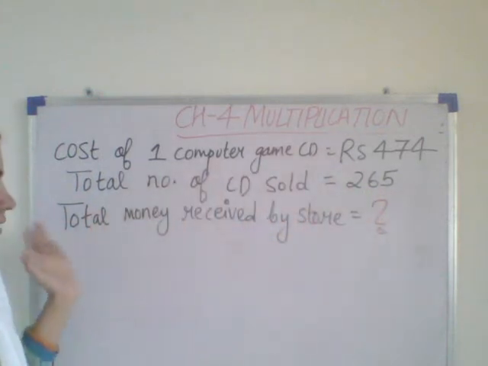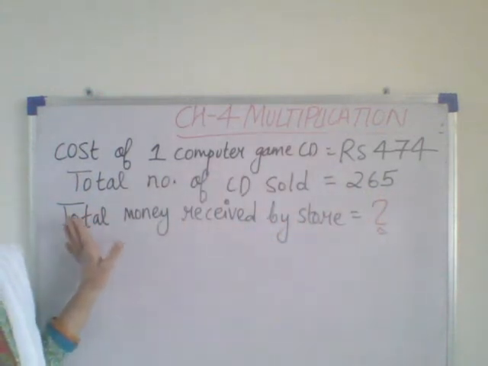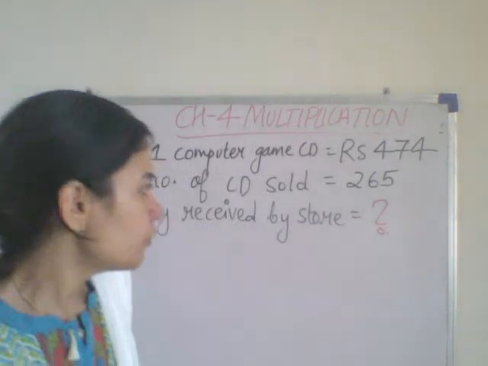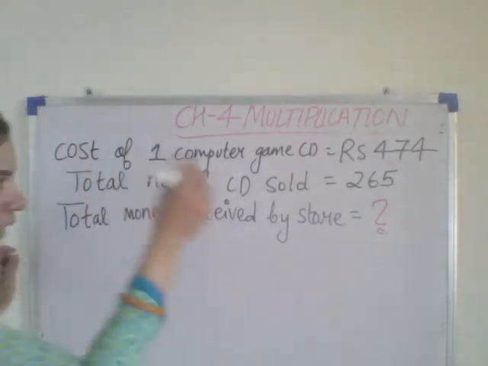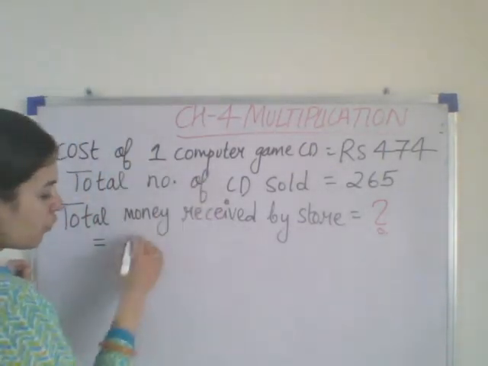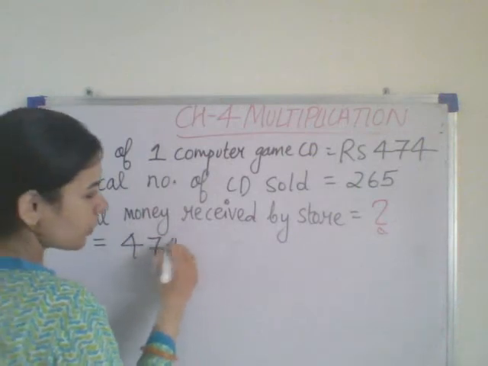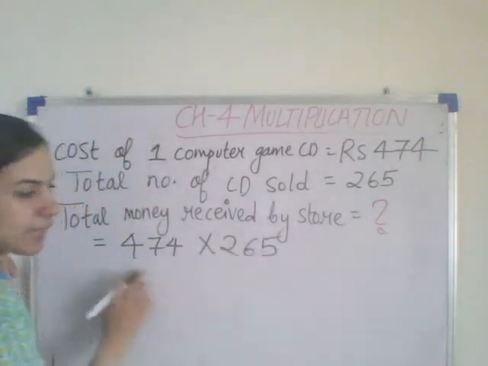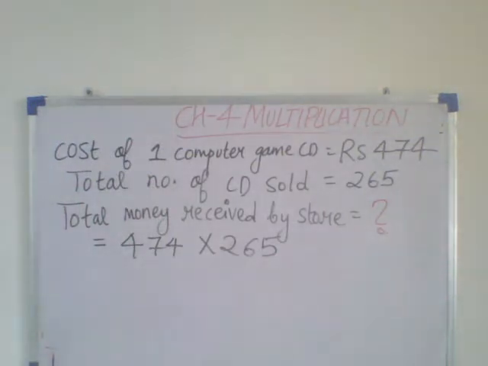We have to find how much money the store received from the CDs. So what we have to do, we have to multiply 474 with 265. Then you will be getting the total money received by the store.